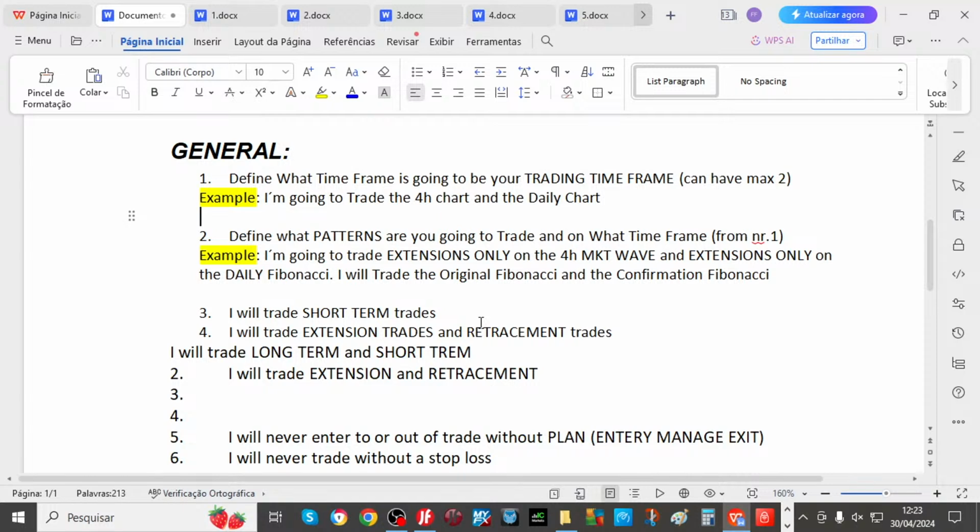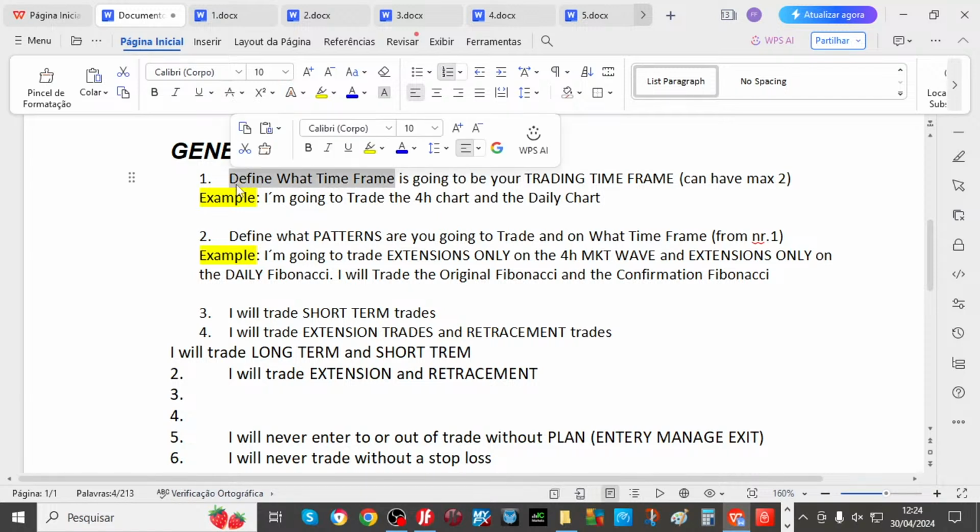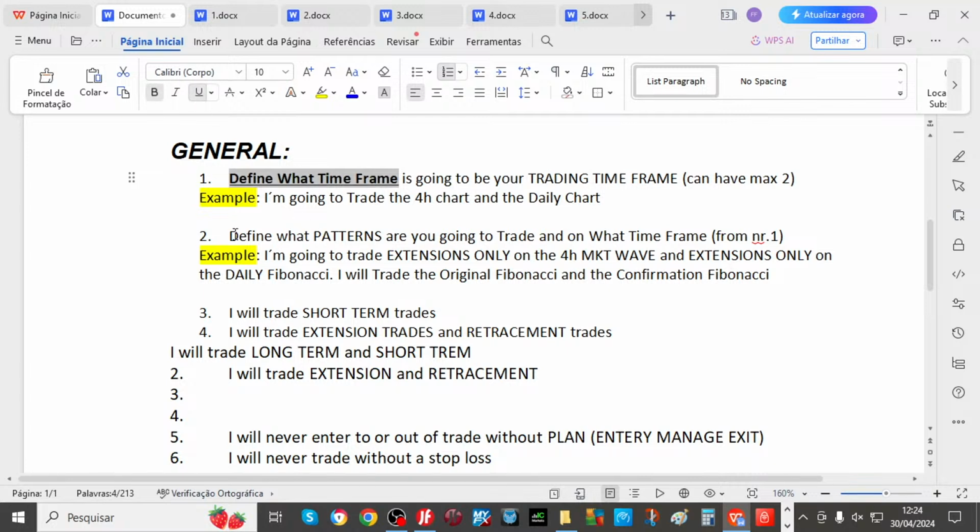I'm going to trade extensions only on the 4-hour market wave and extensions only on the daily Fibonacci. I will trade the original Fibonacci and the confirmation Fibonacci. So define what time frame, and define what patterns you are going to trade on what time frame if you have more than one time frame.